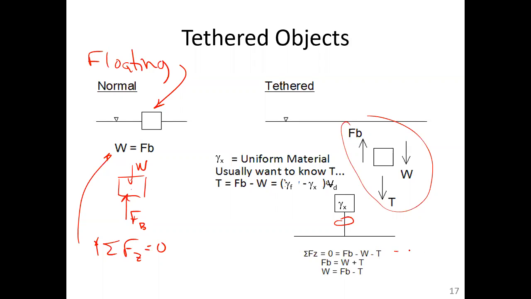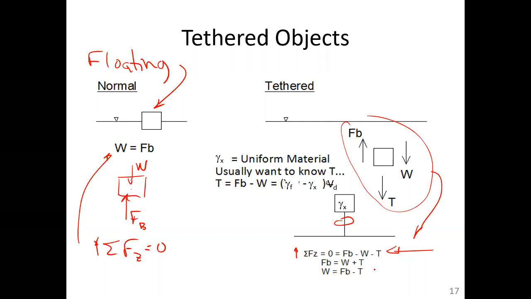So when we look at the force equilibrium in the vertical direction for the free body diagram, it tells us that the buoyant force, which always acts in the positive Z upwards, minus the weight, negative Z direction, minus the tether force, negative Z direction, pulling down on this object to make it go under the fluid, has to be equal to 0.